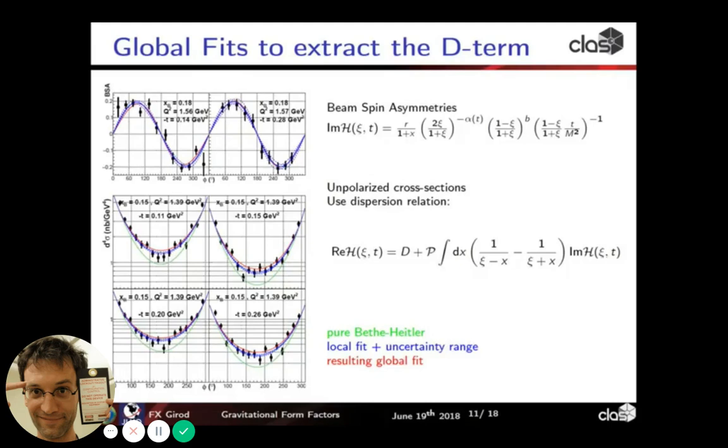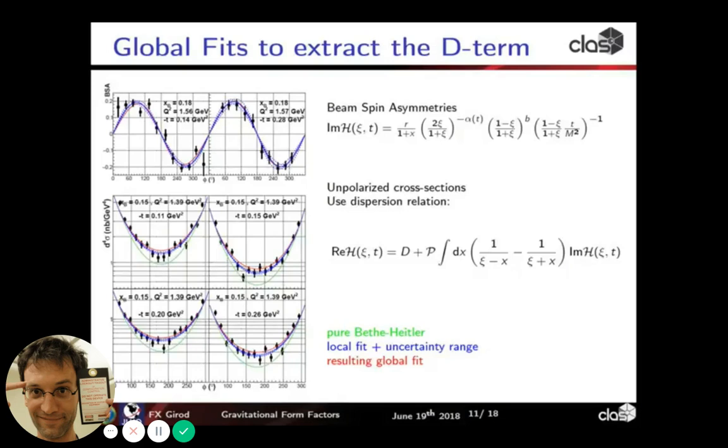All right, so we performed a global analysis, a global fit of those data using a dispersion analysis framework. In a little bit more detail, all those asymmetries here were fitted with a parametrization for the imaginary part of H. That parametrization was proposed by Dieter Müller and Krasimir Kumerički in 2010 in their own global analysis. We just reused the same form.